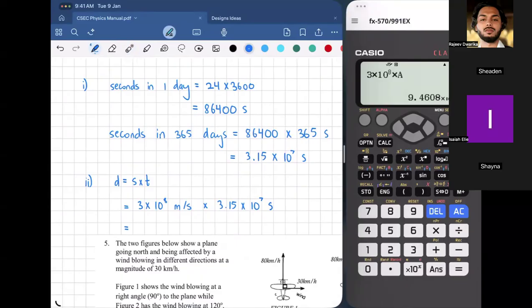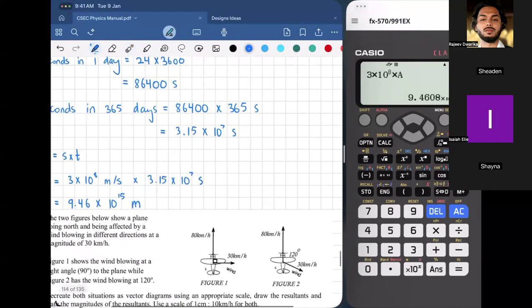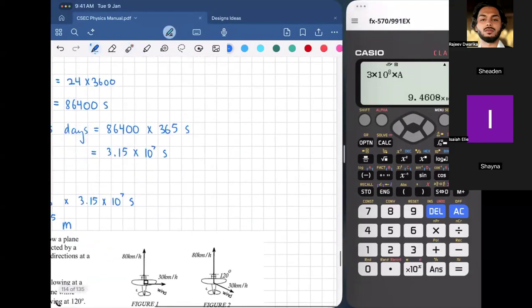What would that be? 9.46 multiplied by 10 to the power of 15. And obviously it'll be meters, right? And I'll put the whole working to the side for anybody that might be interested. Meters per second times second.